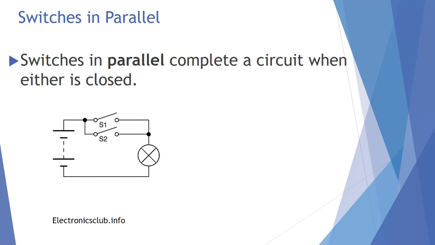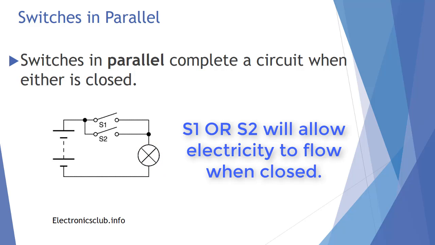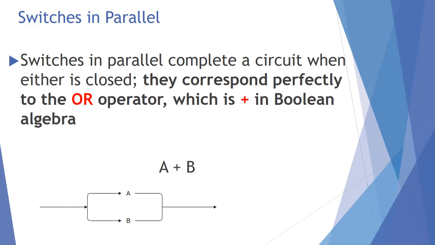Now, one way I'd like you to think about that is that we can say that switch 1 or switch 2 can be closed and we'll have a circuit. And since switch 1 or switch 2 can be closed, the key word really is OR, because switches in parallel correspond perfectly to the OR operator, or Boolean addition, or the plus sign.